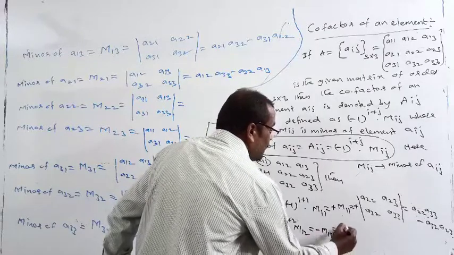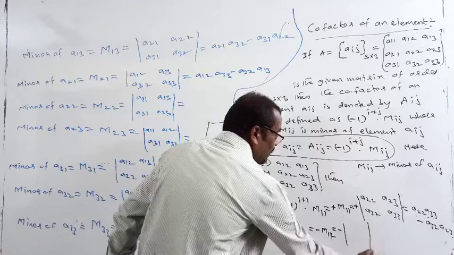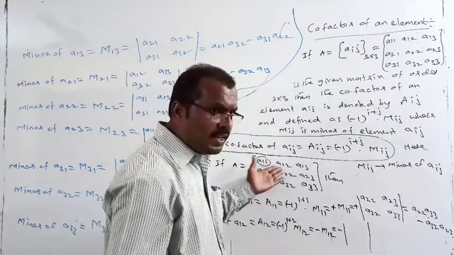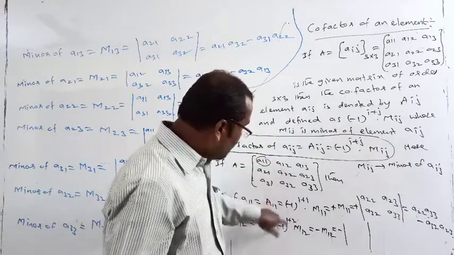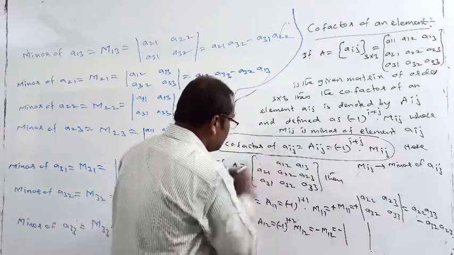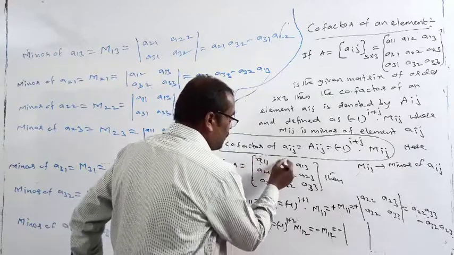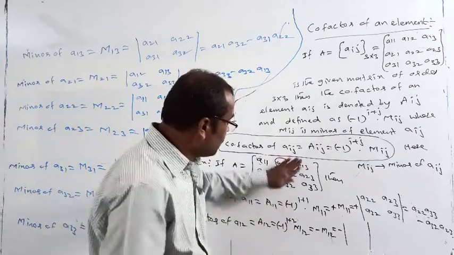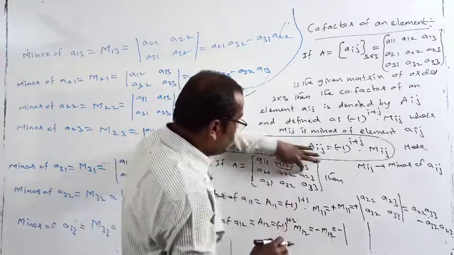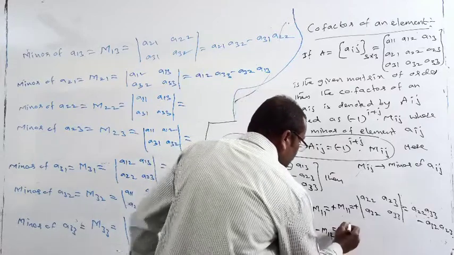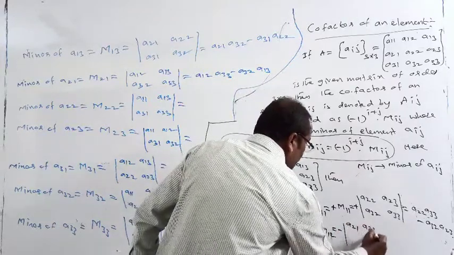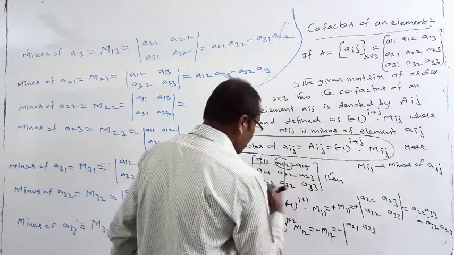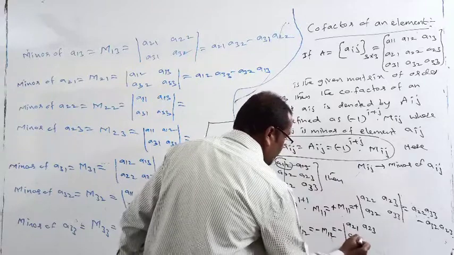So this is equal to minus of, what is the value of M12? Minor. M12 means minor. Already we have a value, but we can see here also. Here we have element A12, and for this we are writing, so delete this row and column. See this one. We have A21 and A23, A31, A33.